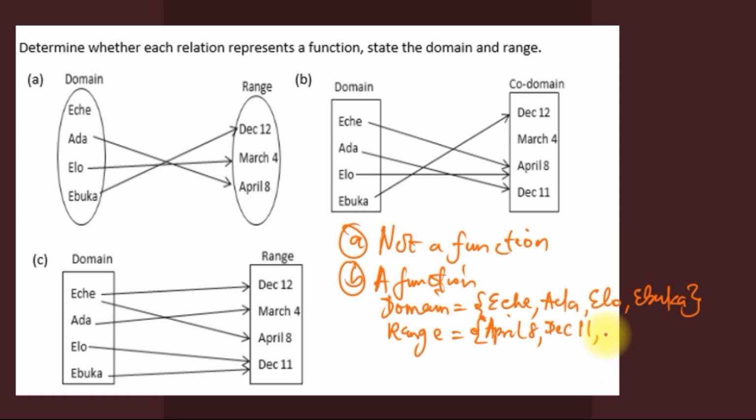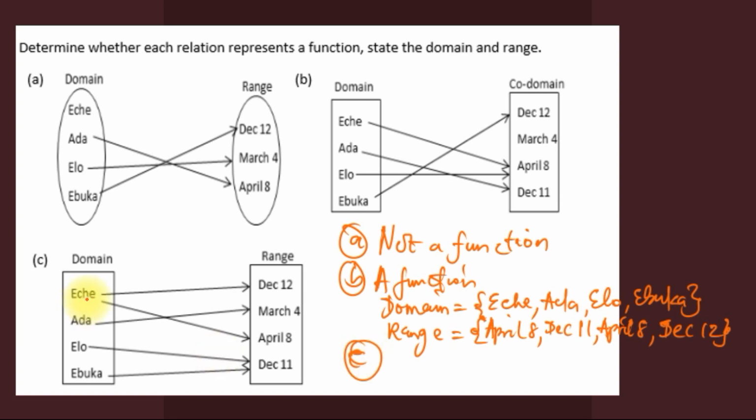Elo is assigned to April 8 also. Why Ebuka? December 12. So March 4 is not part of the range, not an element of the range.